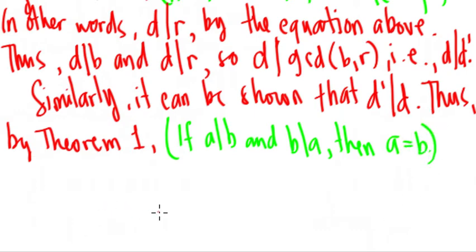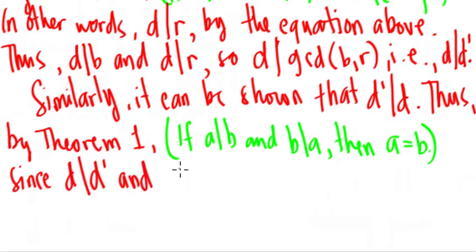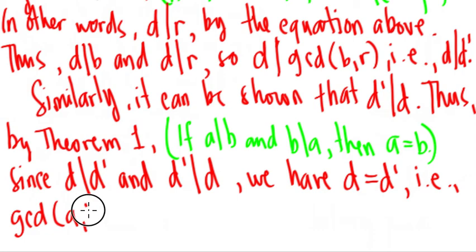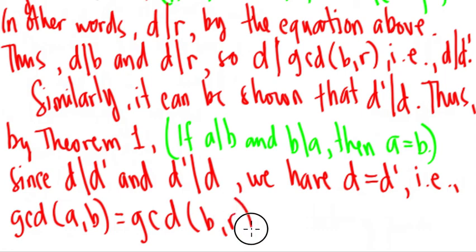So since D divides D prime and D prime divides D, we have D equals D prime. Since they're equal, let's go back to their definitions: the GCD of A and B is just equal to the GCD of B and R. And that's what we want to prove.